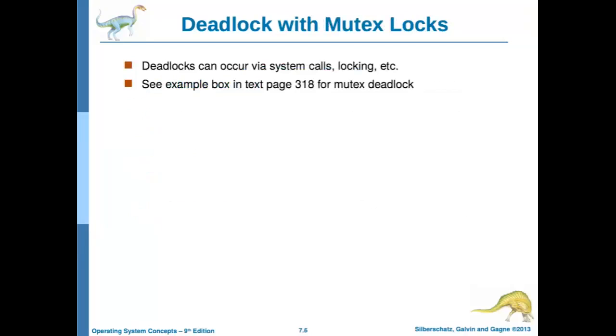Now deadlock can occur via system calls and locking also. One example, I think I mentioned this part last time. Say there is a resource, and whenever you want to go into the critical section, first of all we make use of wait on a lock, or wait on a semaphore variable.